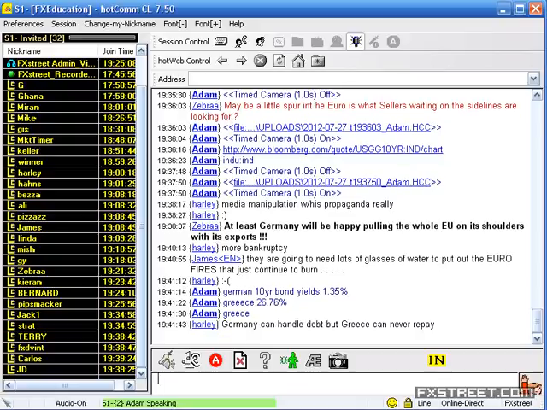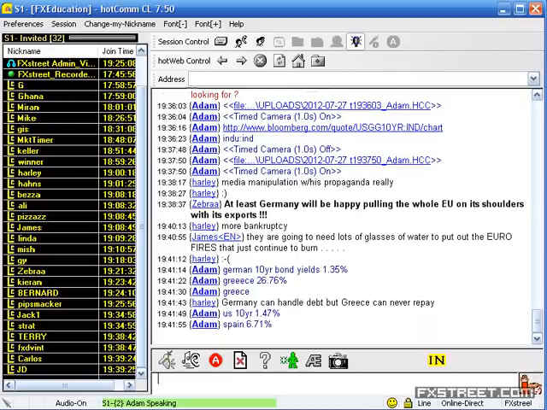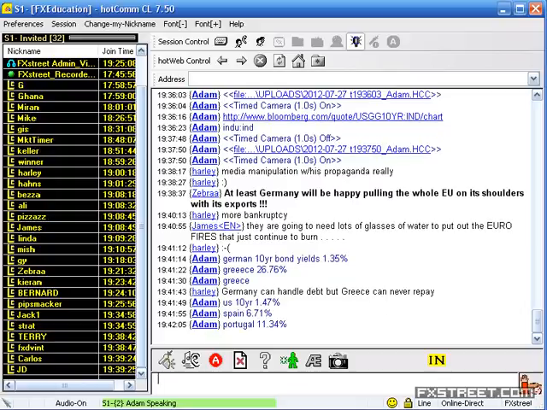U.S. 10-year bond is 1.47%. Spain, right now, 6.71%, and that's down. Remember, it was 7.5% 2 days ago. Portugal is 11.34%.